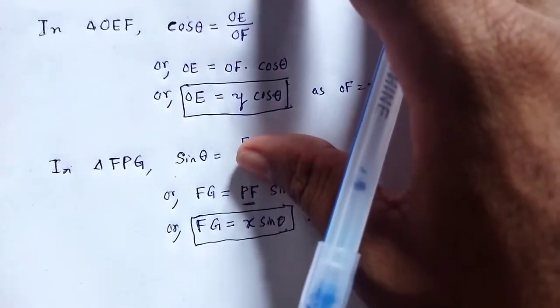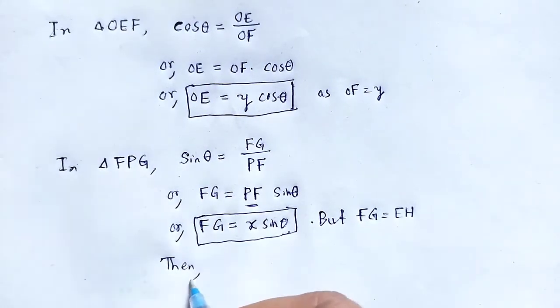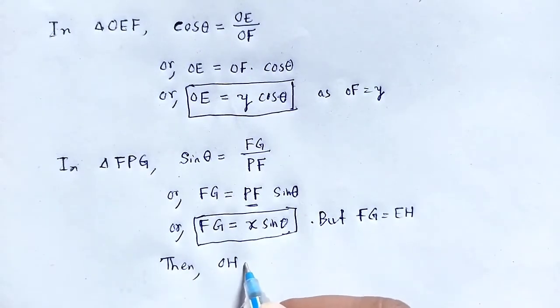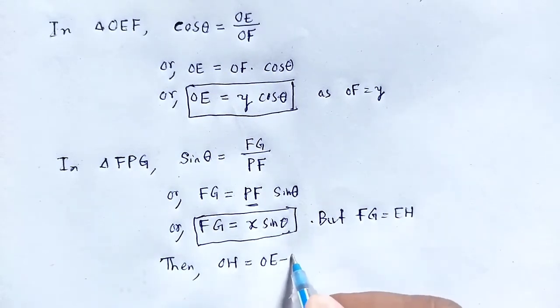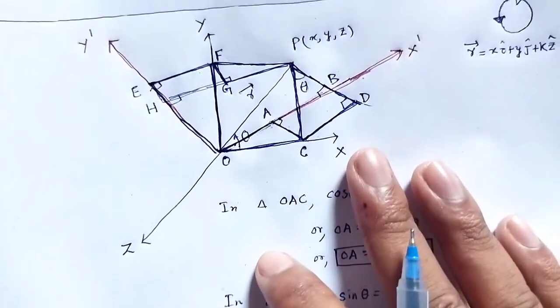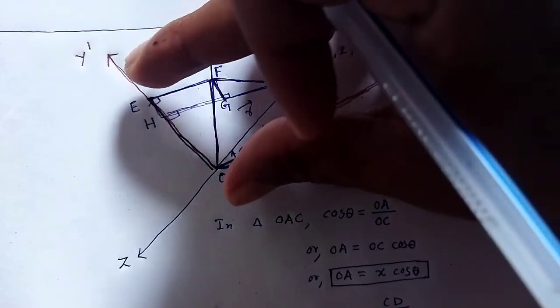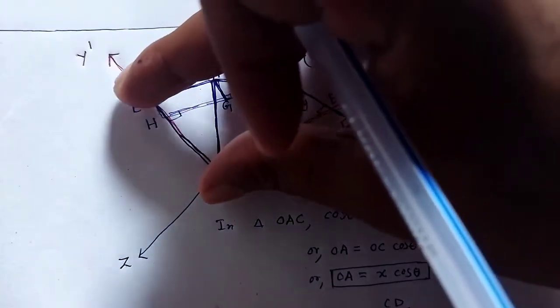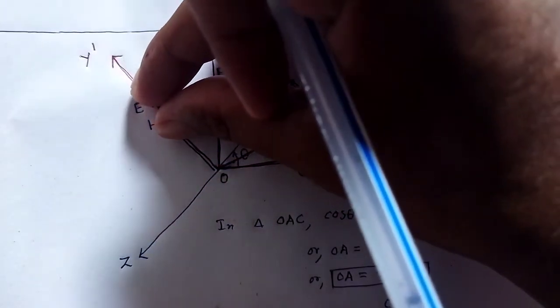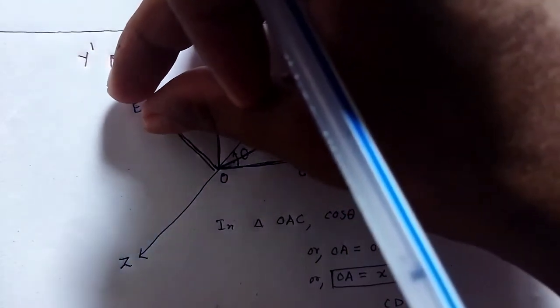Then OH is changed to OE minus EH. OH is the result of OE minus EH.